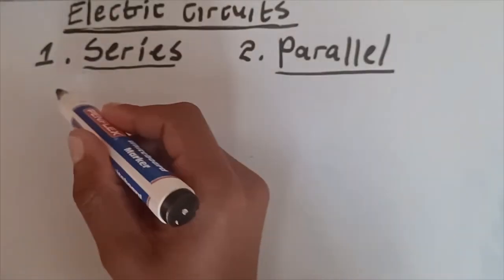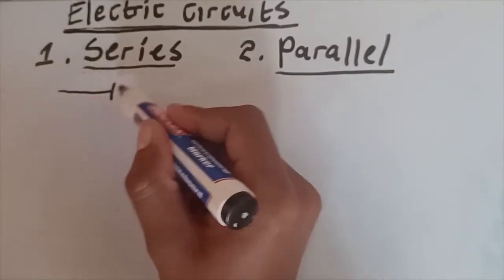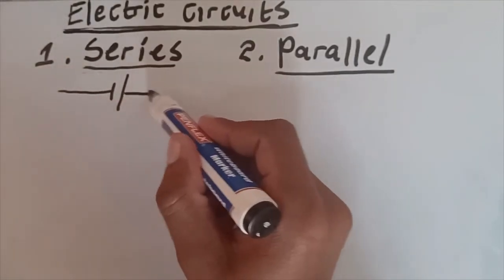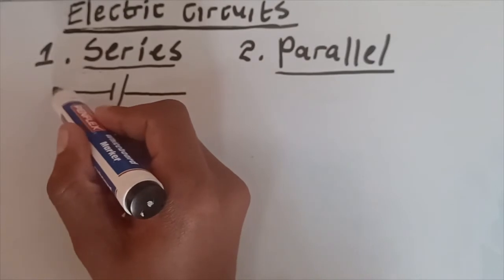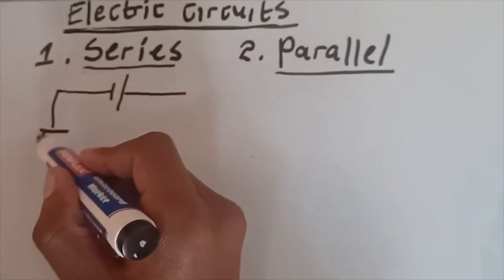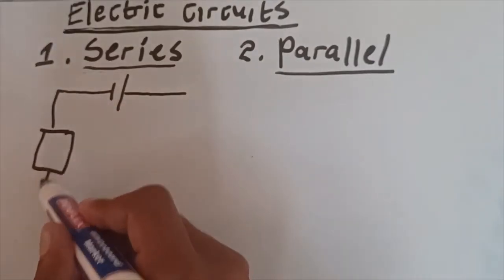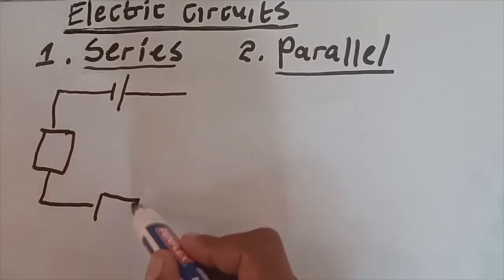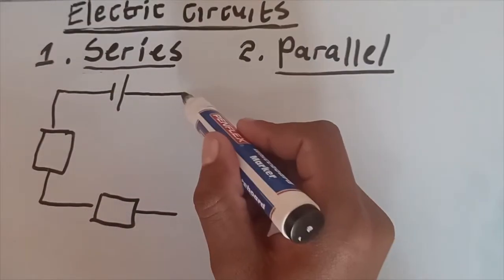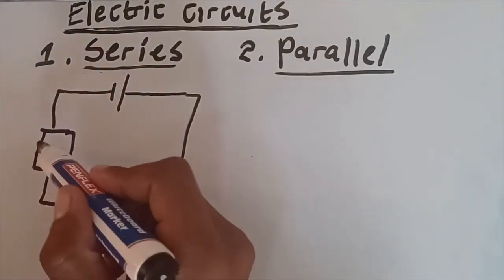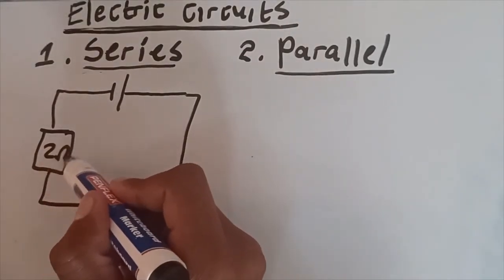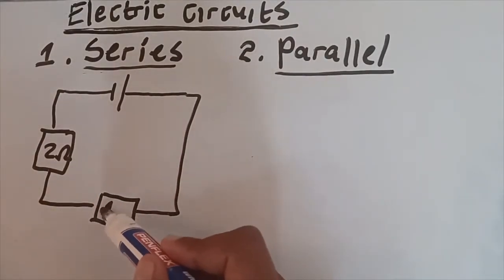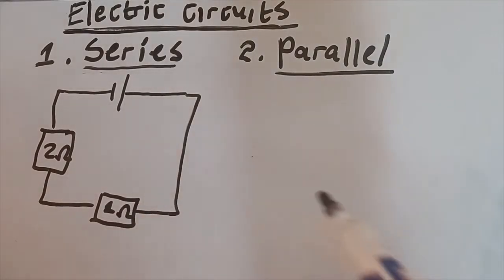Okay, let me use this small sketch. Let's say we have this series circuit with one cell, having a resistor here, then also a resistor here. Let's call this the 2 ohm resistor, and this one a 1 ohm resistor.